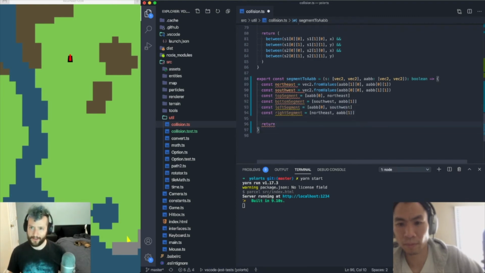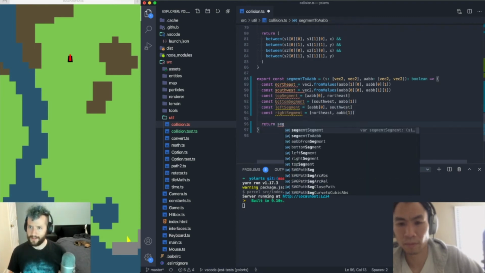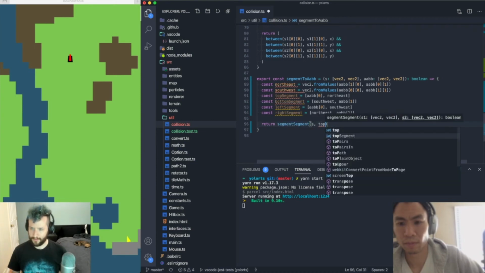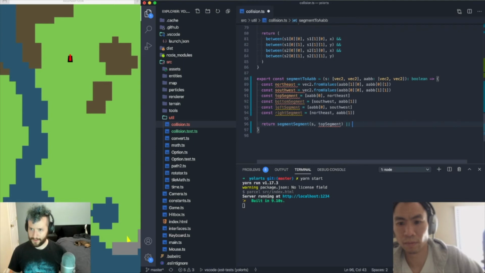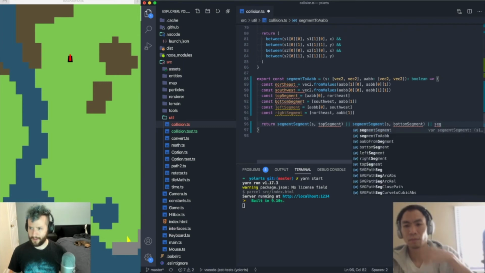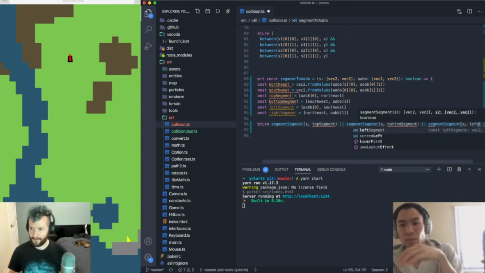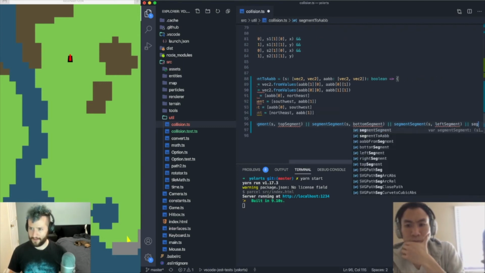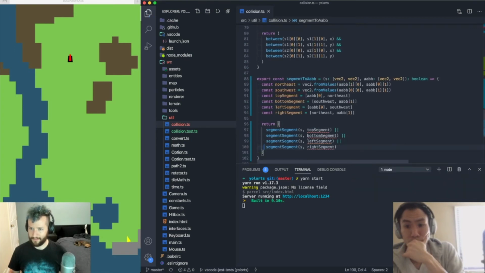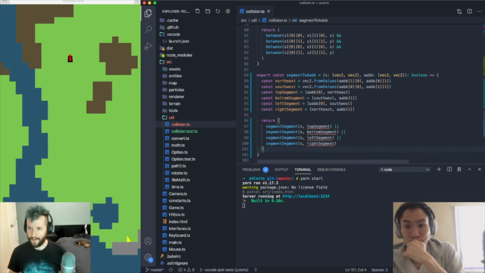All right, so we're going to return segment S top or segment S bottom or segment S left or segment S right. Oh man, can't believe it's gonna make me do this.